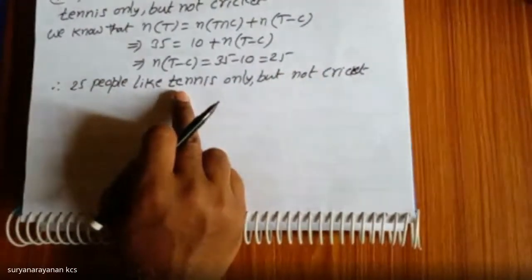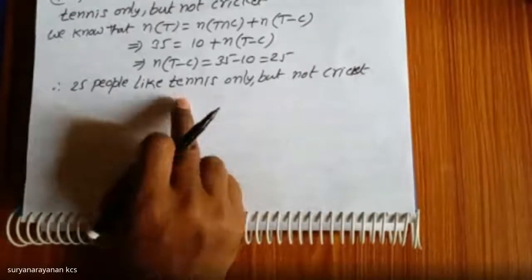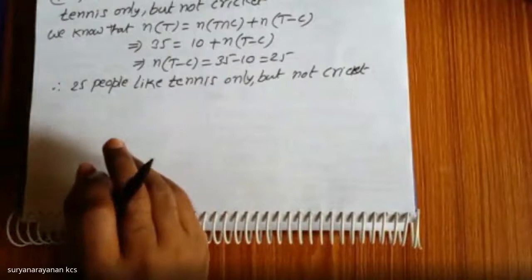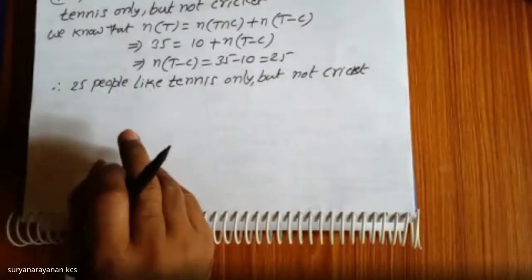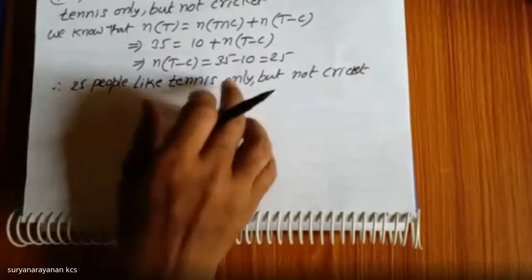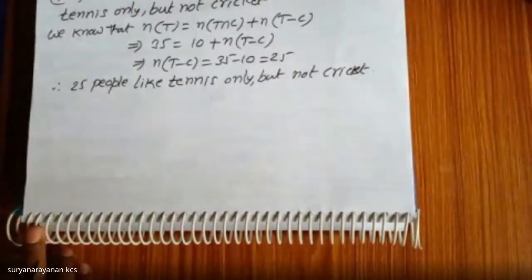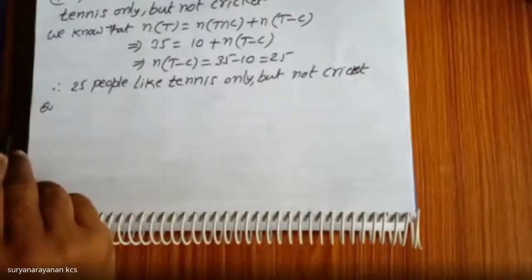Understood this question, my dear children? Understood this one? A little bit advanced question when compared to the previous questions. Okay, my dear children. Now come. Yes, who is that?